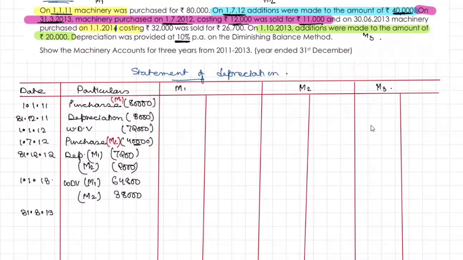Now say for an example, this 40,000 is the M2 figure. It was costing rupees 40,000.